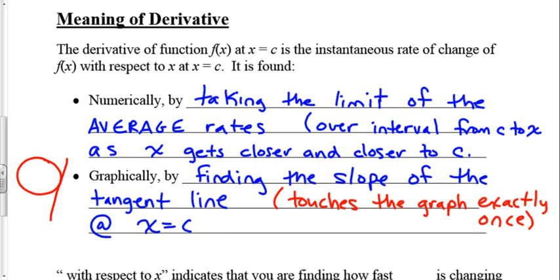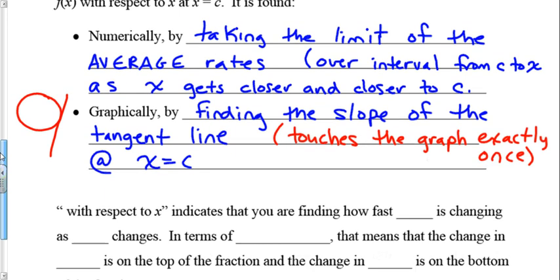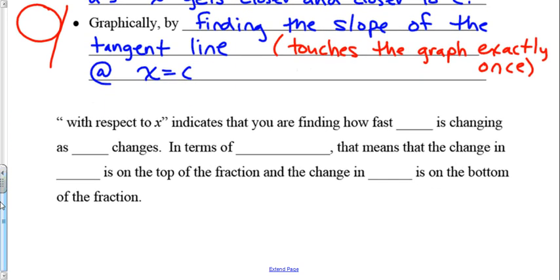Now we need to talk about what "with respect to x" means. That indicates that you are going to find how fast y is changing as x changes, because it's just like slope. It's exactly like slope. So when we talk about with respect to x, that's the bottom of my slope. The bottom of my slope is as x changes.